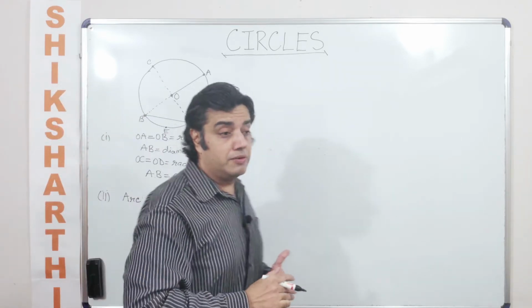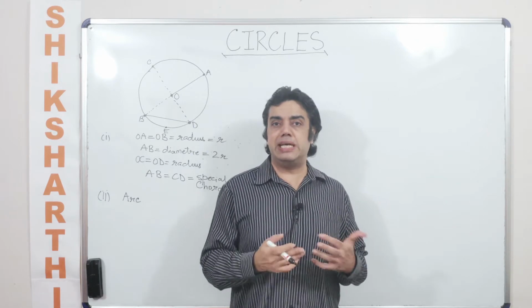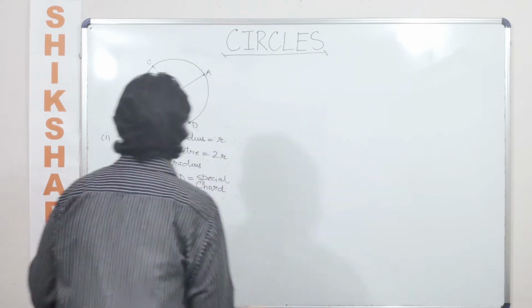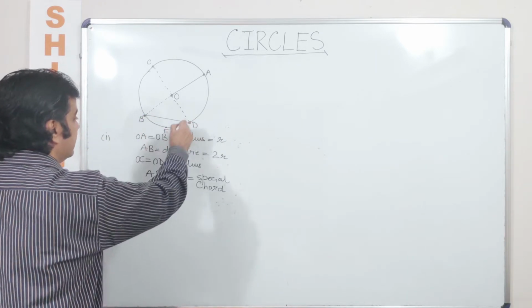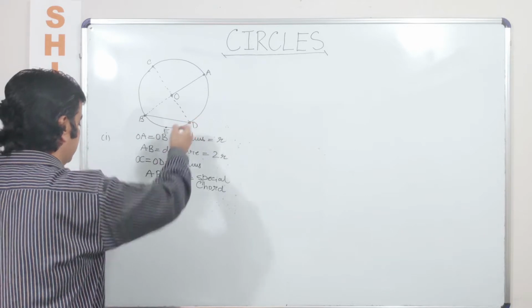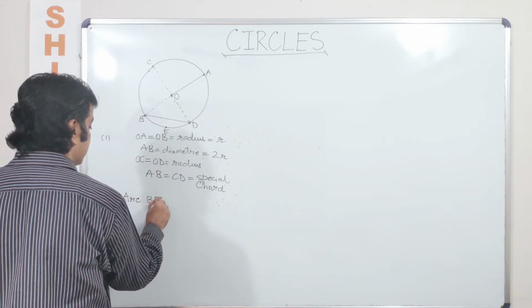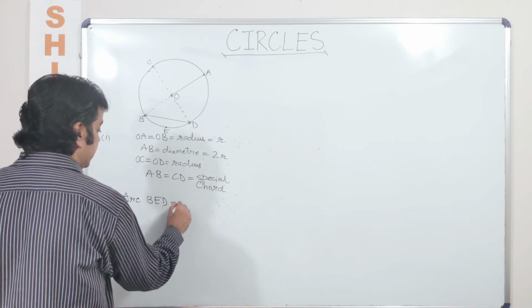Now you may ask what do I mean by a circular line? A circular line is a kind of straight line only in the form of a circle, in the form of an arc, that is circular. So now what is an arc? An arc is a circular straight line. So can I say arc BED becomes my minor arc.